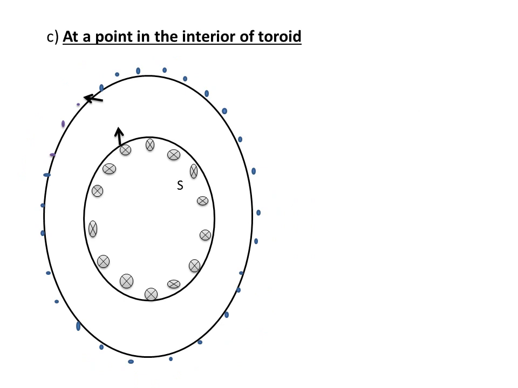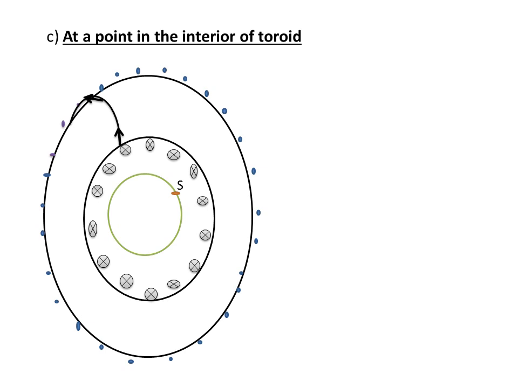Now we are going to find magnetic field at a point in the interior of the toroid. Here we have a point S inside the toroid. To find magnetic field at S, we are going to draw an Amperian loop. So again it is a circle.